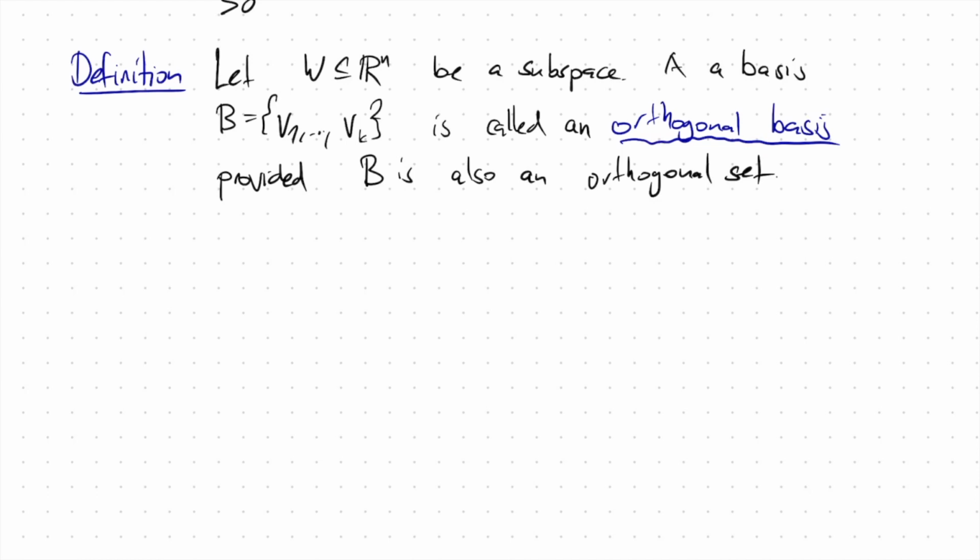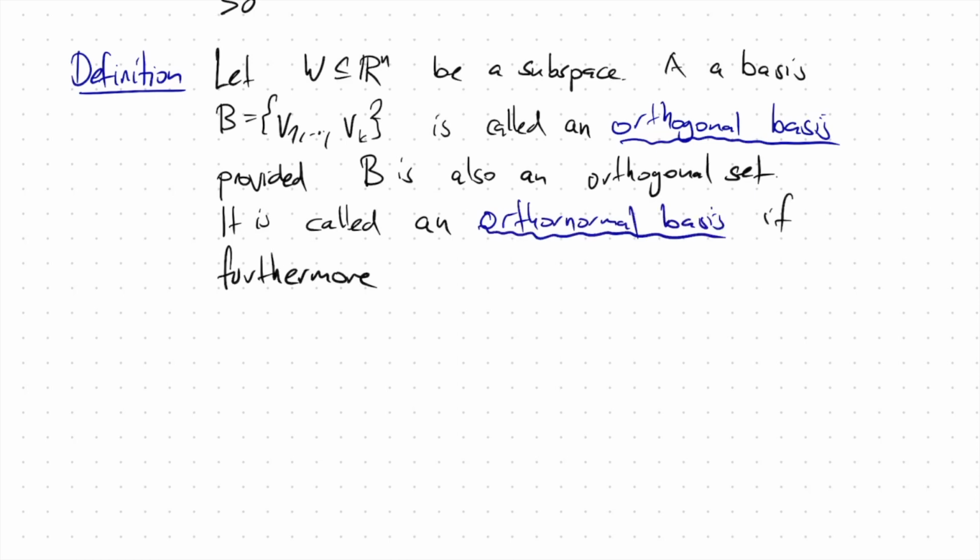And furthermore, it's called an orthonormal basis if the length of each u_i, recall the length was defined as the square root of the dot product with itself, is 1 for all i from 1 to k.